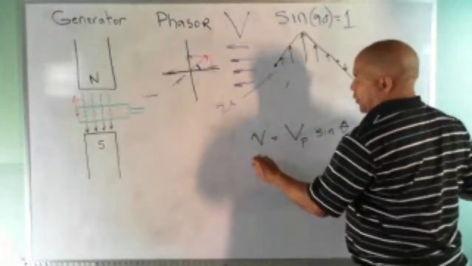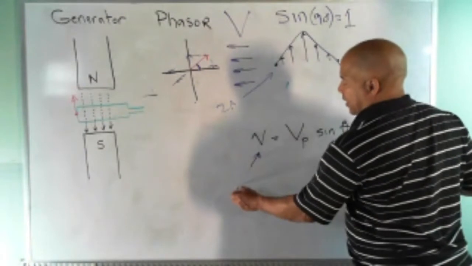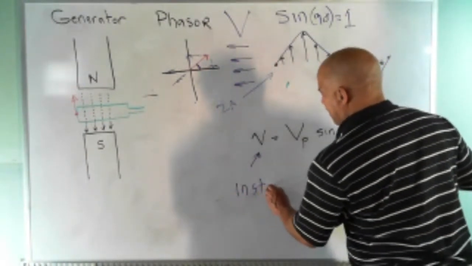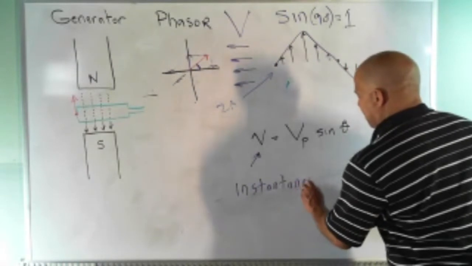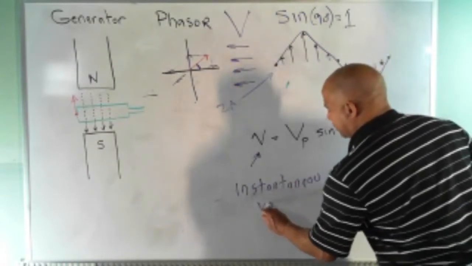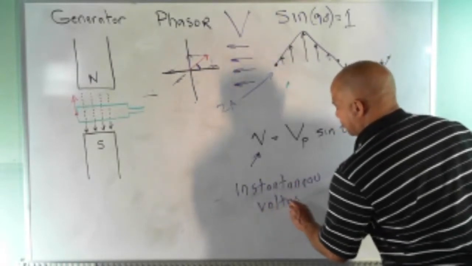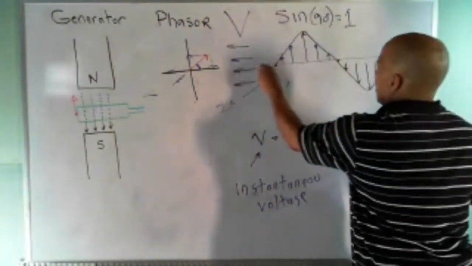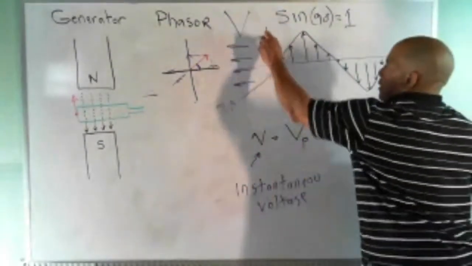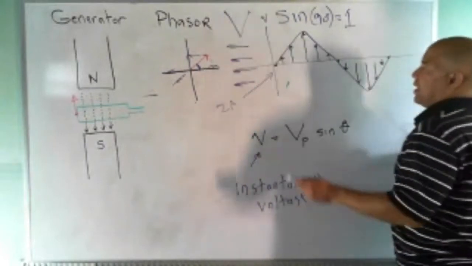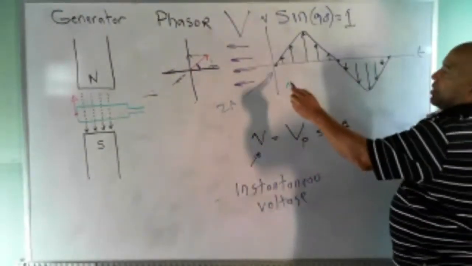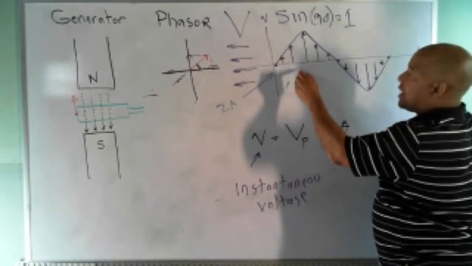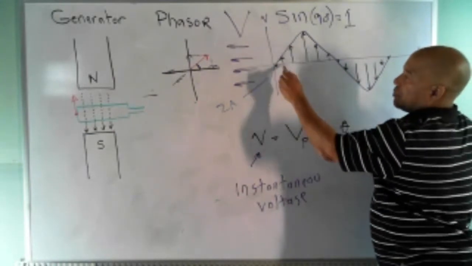This right here, that script V, is called the instantaneous voltage. Why is it called the instantaneous voltage? Because if this is my waveform, if this is voltage, then think of this as time. You tell me what instance in time to look at it, I'll tell you what the voltage is. Right here, the voltage is 0.